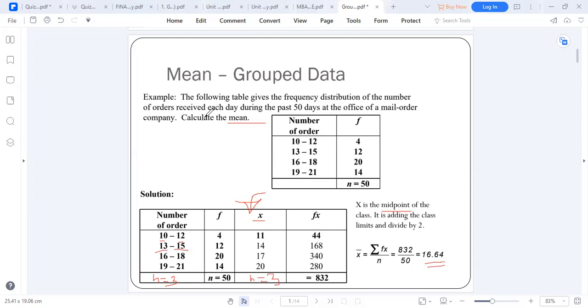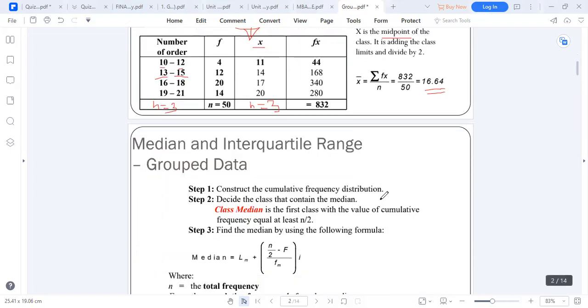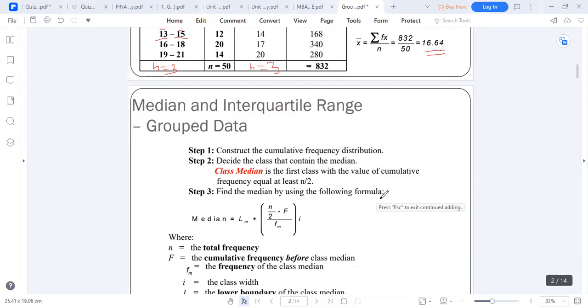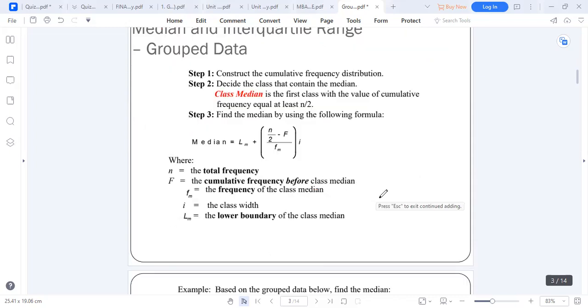Can I proceed? Let's proceed. We go to calculating our median.